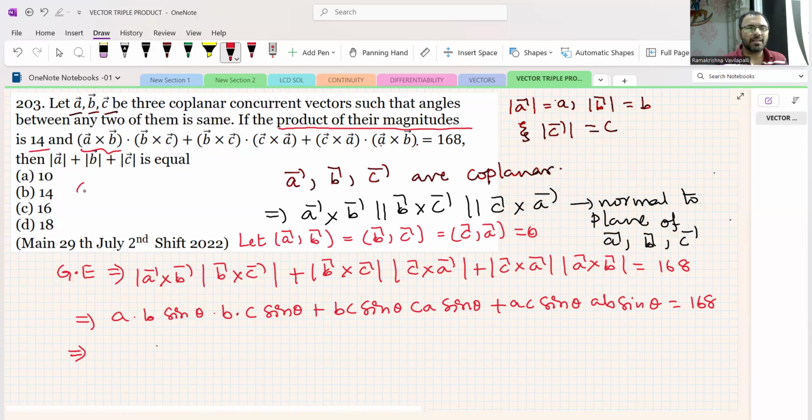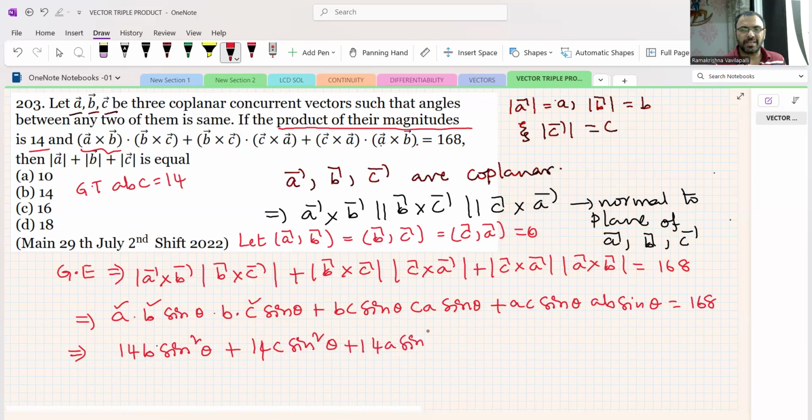So given that the product ABC is equal to 14. All right. I'll substitute here: A, B, I'll take C, right? So this is 14, B is repeated, sine square theta, plus 14, here C is repeated, C sine square theta, and next 14, A sine square theta, isn't it?